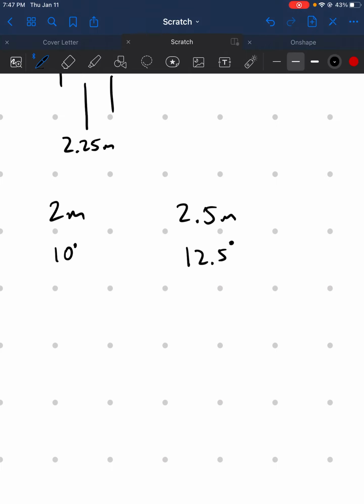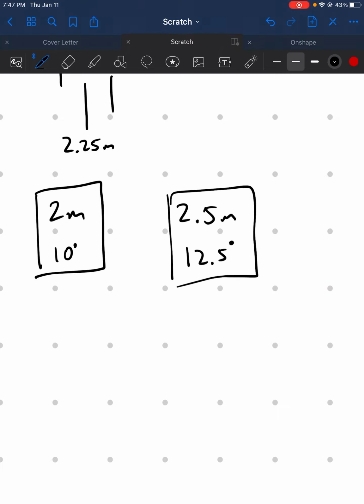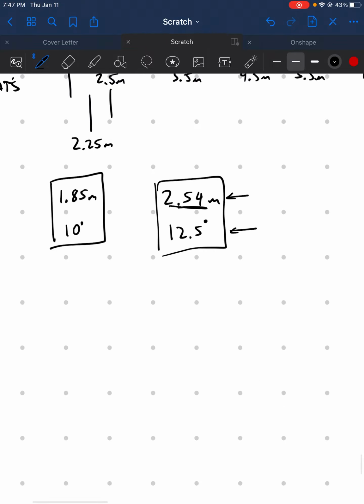But let's say that these are the numbers, right? So your input is 12.5 degrees, and you get 2.5 meters. It's never going to be exact. Let's say it's 2.54 meters. And let's say this is 1.85 meters. All right, this is still pretty close. This is very close.